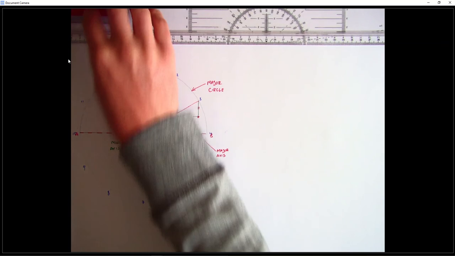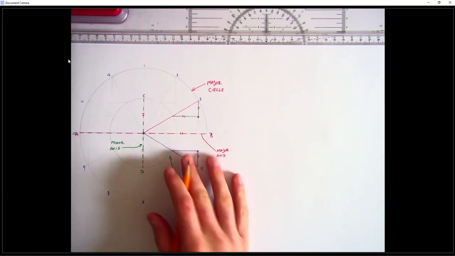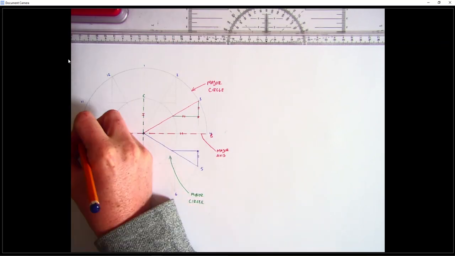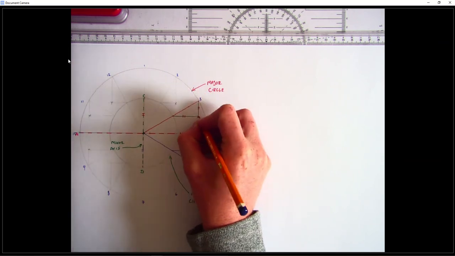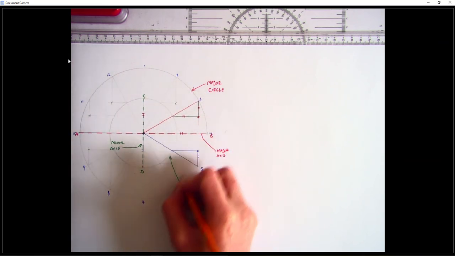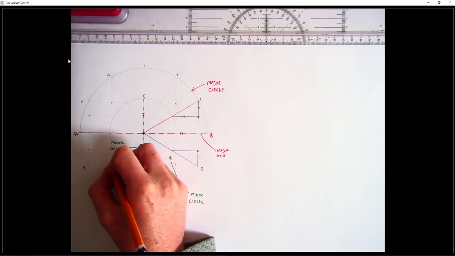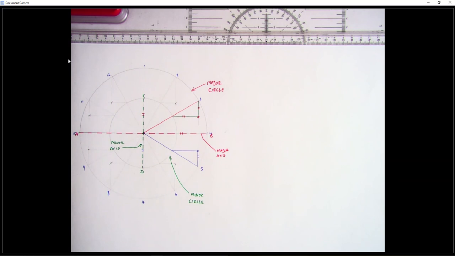So after that, it's just a matter of joining up the points. Both the ends of the minor and major axes are always points on the curve. So they're all my different points.